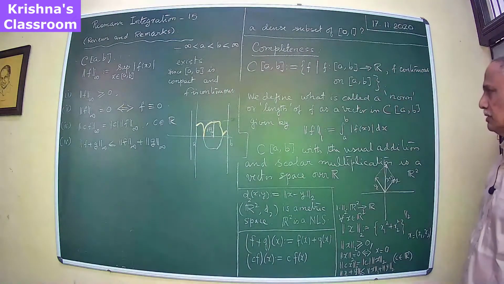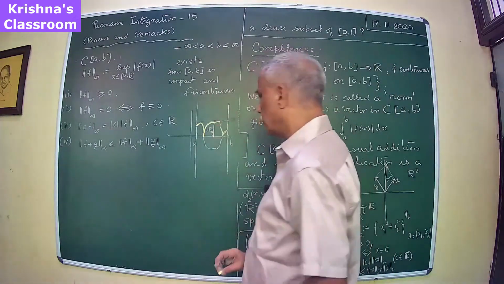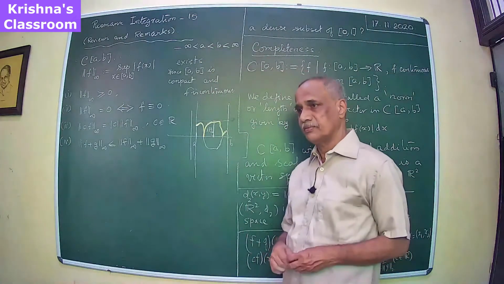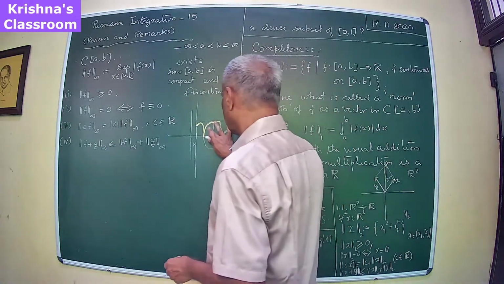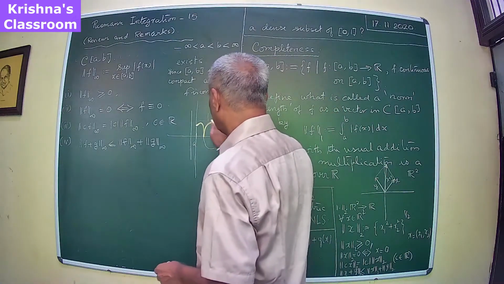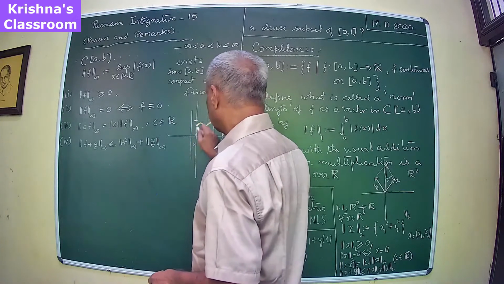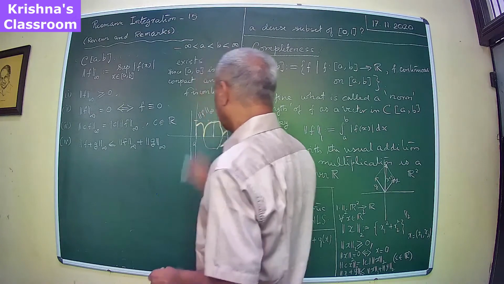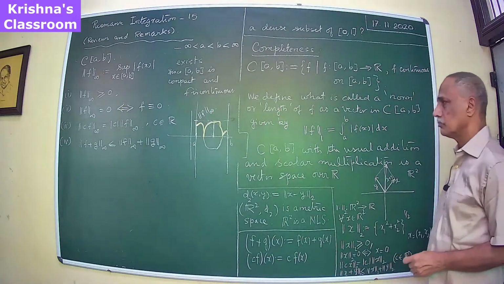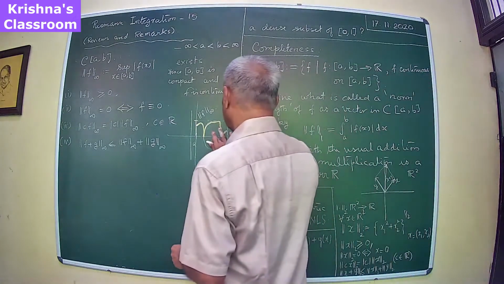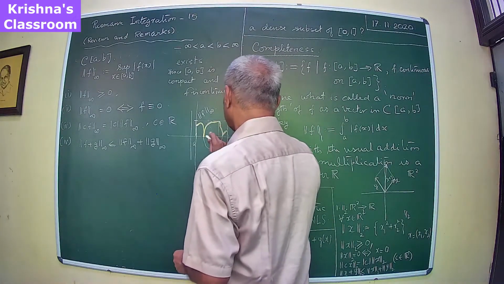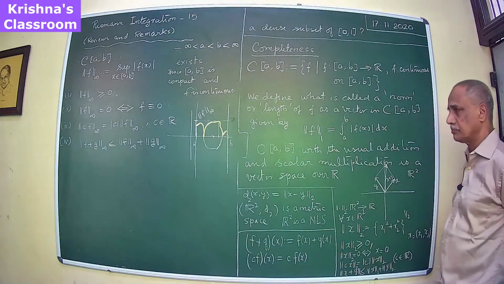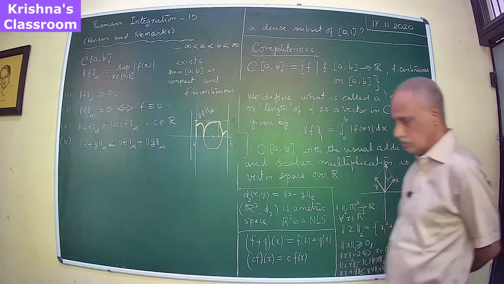So that's the function, and this height is what you call the norm infinity of f. And you can check all this. So this is one space.